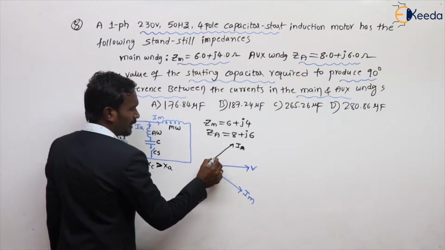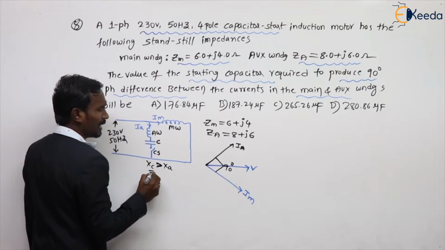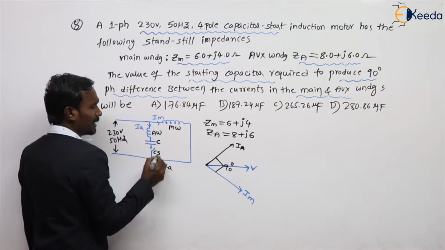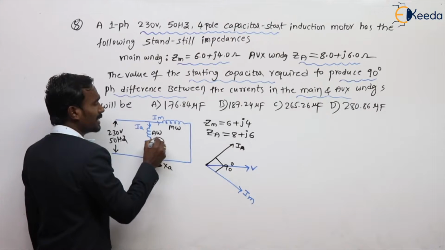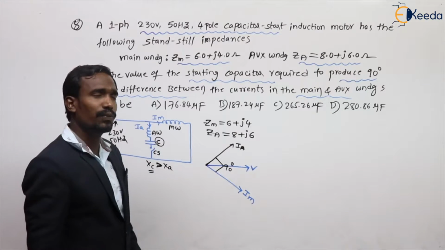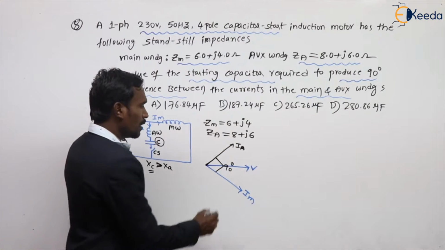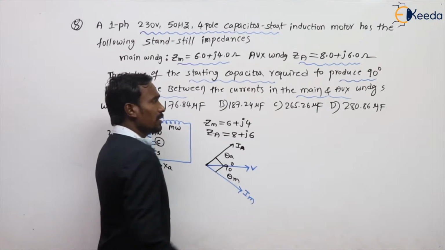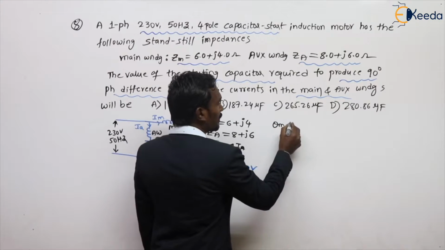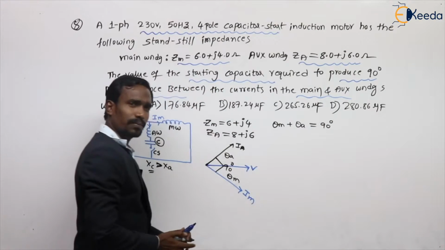Now, if this angle is 90 degrees, what is this XC? Not only XC, they asked for C. What is the capacitance we have to add to get 90 degrees between them? For example, this is theta M, this is theta A. Theta M plus theta A should be equal to 90 degrees.